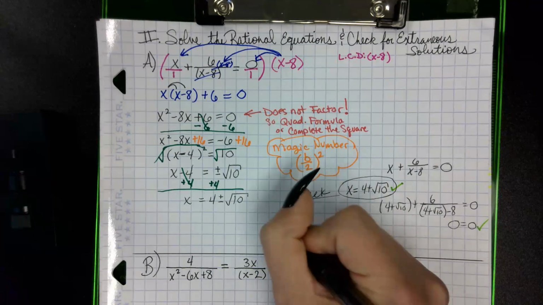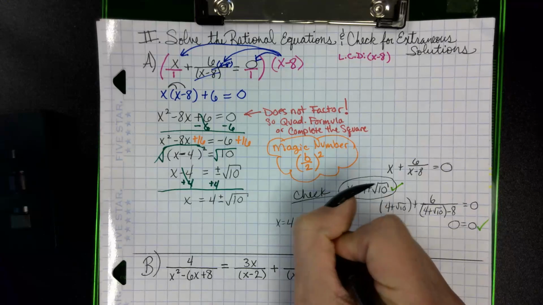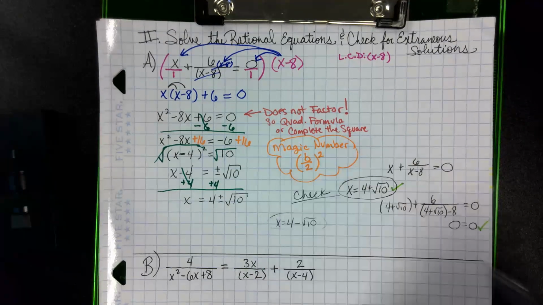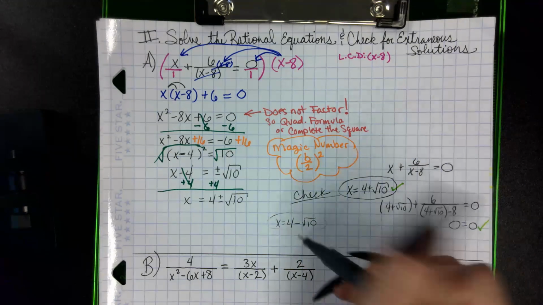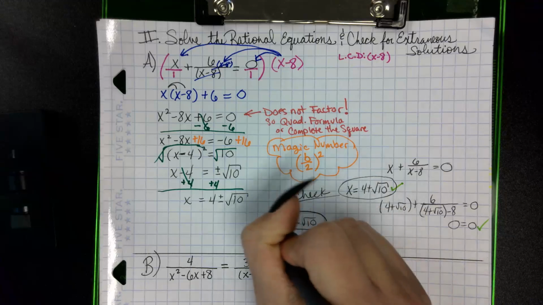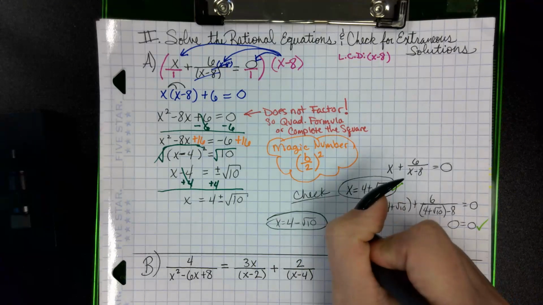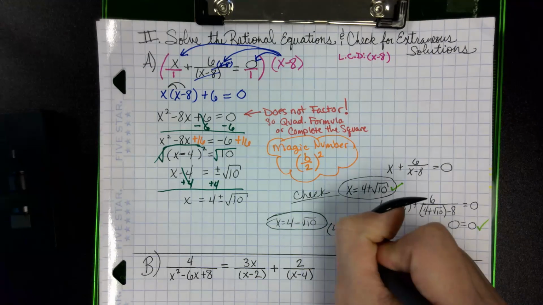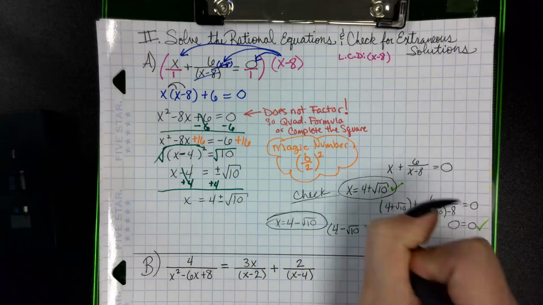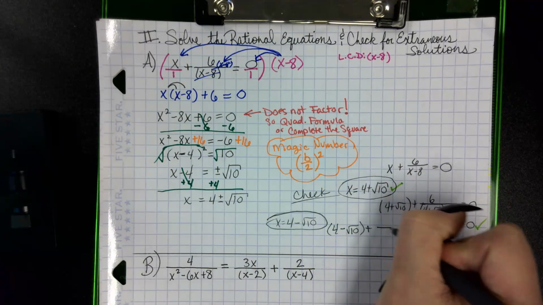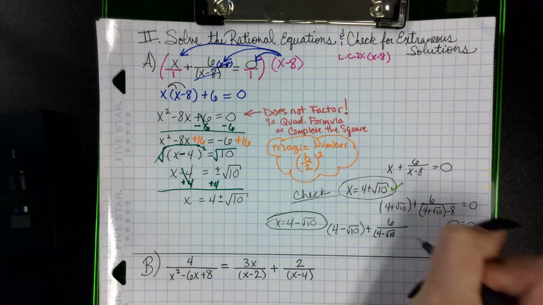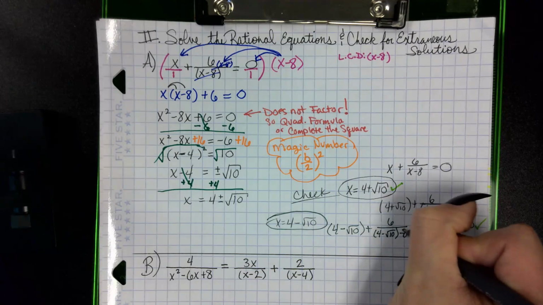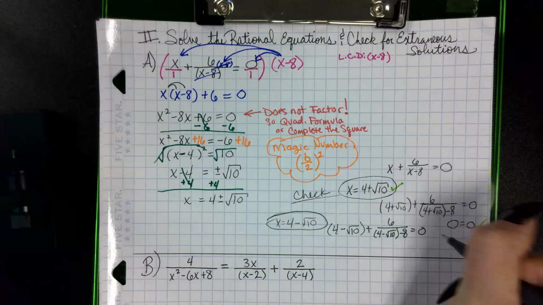So when x equals 4 minus the square root of 10, you have to do the same thing. Again, you have parentheses, 4 minus the square root of 10, plus 6 over parentheses 4 minus the square root of 10, minus 8 in the denominator, equals 0.